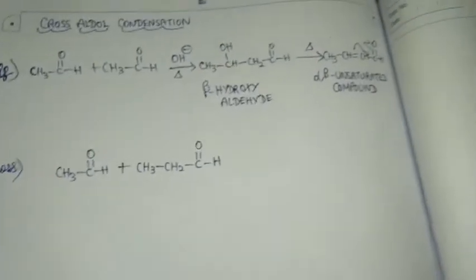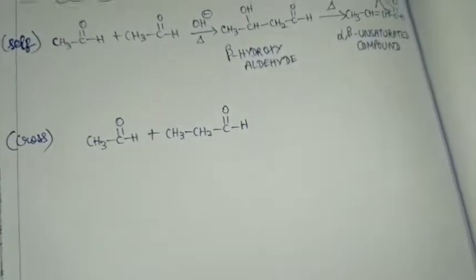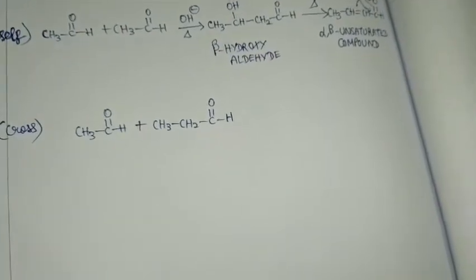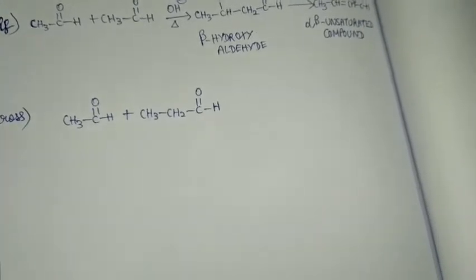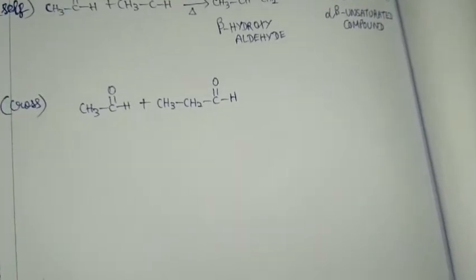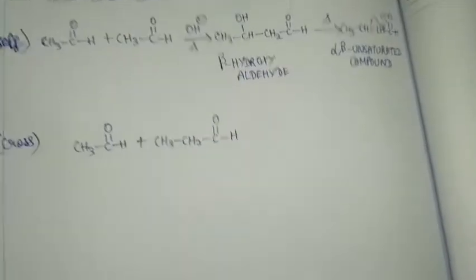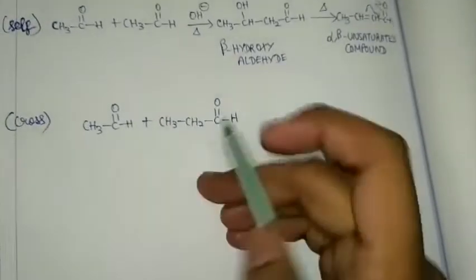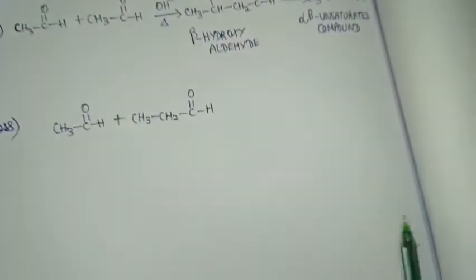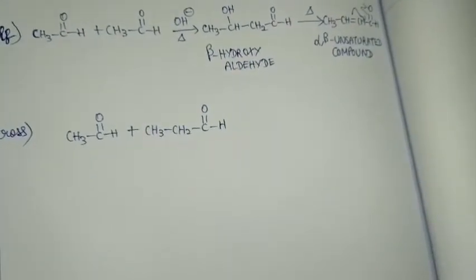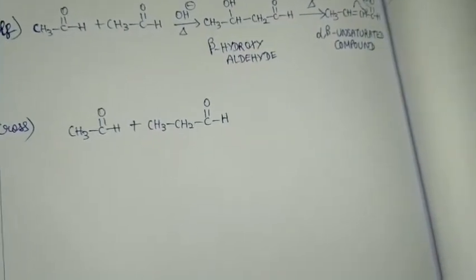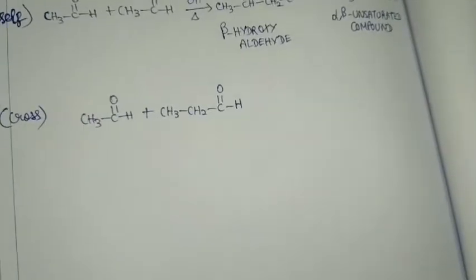So now comes the question. Both molecules are aldehydes only. So the reactivity would not differ as much as we would see in the case of the reaction between an aldehyde and a ketone. That we'll see in the next example. If you take both aldehydes, the reactivity difference does not make much sense.